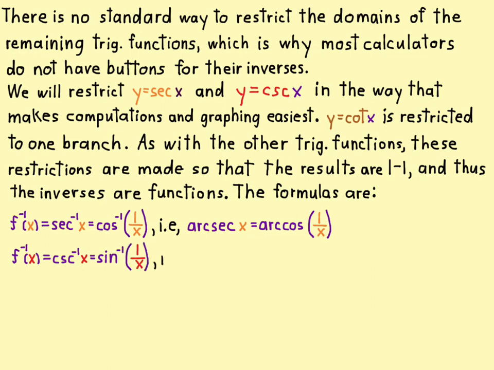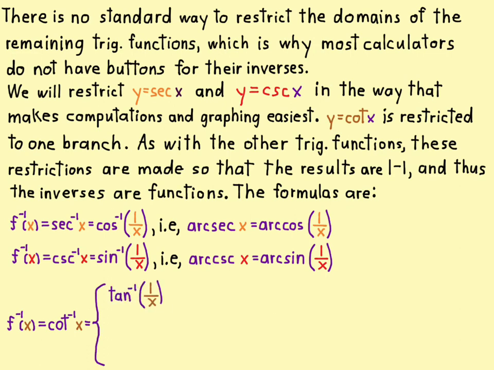And we also have cosecant inverse of x equals sine inverse of 1 over x. That is, arccosecant of x equals arcsine of 1 over x. Now, the cotangent is more complicated.